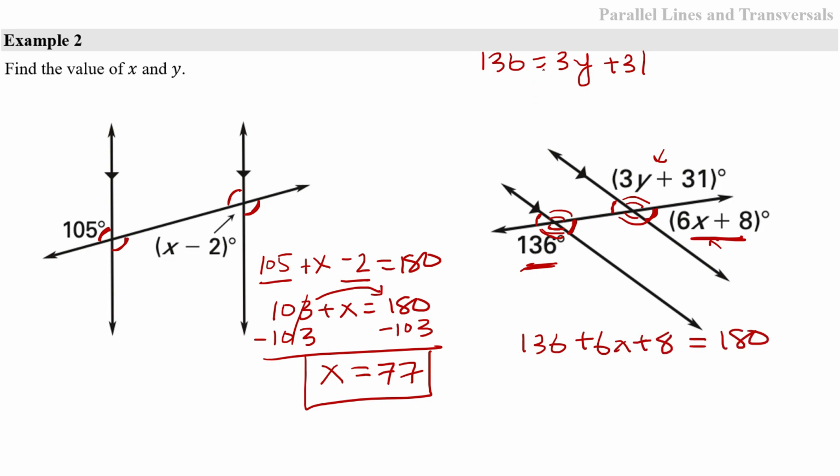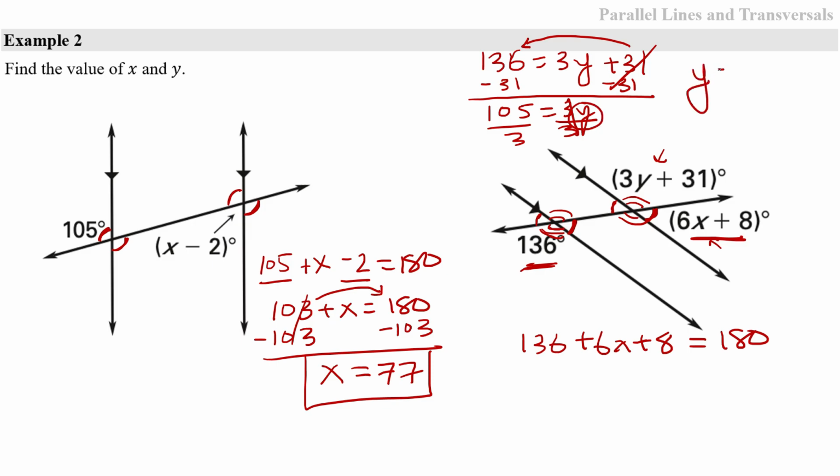I'll solve this top one first, and I can bring the 31 to the left side with the 136 by subtracting 31, and then this cancels. 136 minus 31 is 105. And then I get 105 equals 3y. And then I can divide by 3 to cancel this out. What am I left with? I'm left with y is equal to 35.